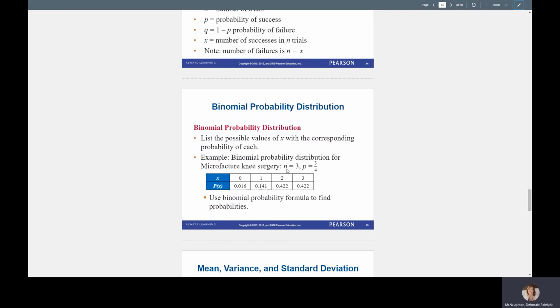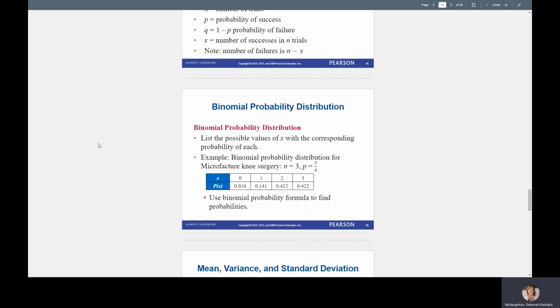So here they gave one with n equals 3. And with the binomial probability distribution, we can have 0 successes. Sometimes the distribution won't allow for a 0, but here X can equal 0.